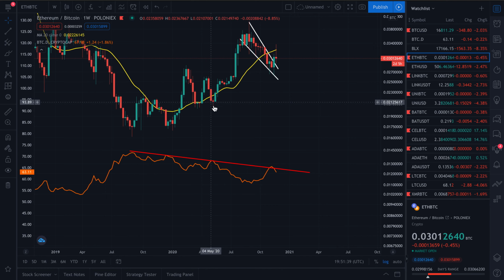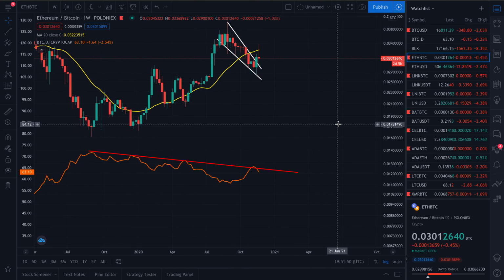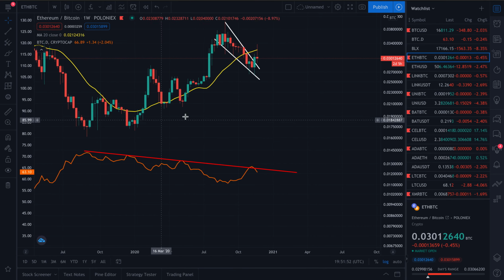We see that when Ethereum really moves to the upside, that's when we really see the dominance move. The first few moves as of recent, I would say, are due to Ethereum moving. Ethereum is the second largest cryptocurrency. It's going to have the most impact on dominance, without a doubt, more so than mid-cap coins like DeFi or Celsius.